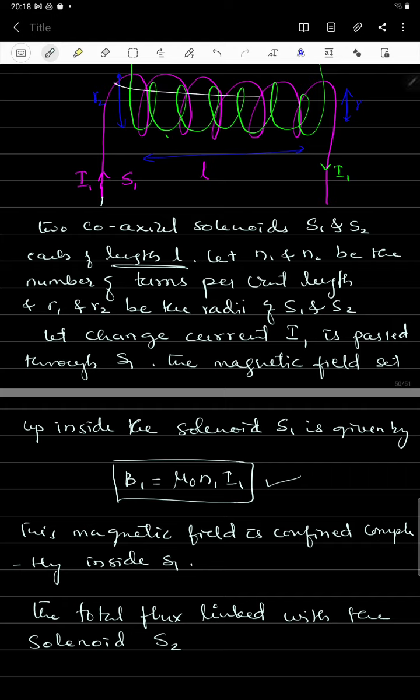Whatever these field lines are, these field lines create the magnetic flux. This magnetic flux is linked with the secondary coil.